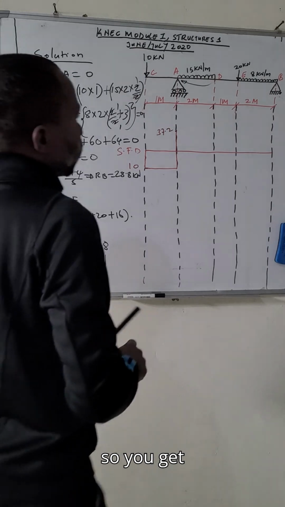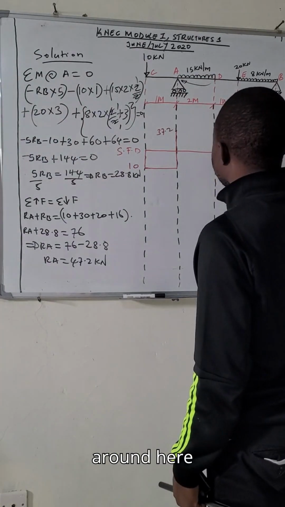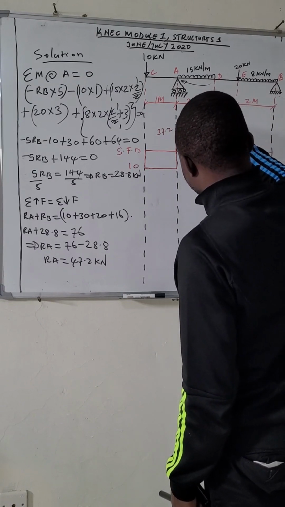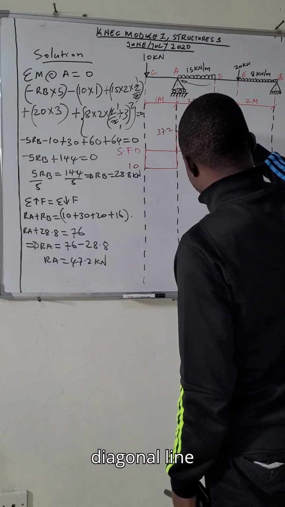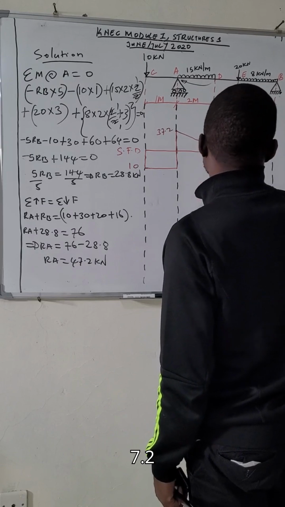So you get 7.2. Let's say 7.2 is around here. So you draw a diagonal line like that. So that is 7.2.